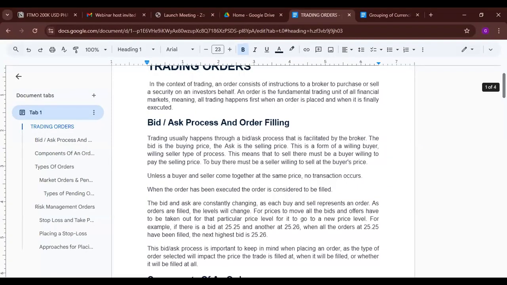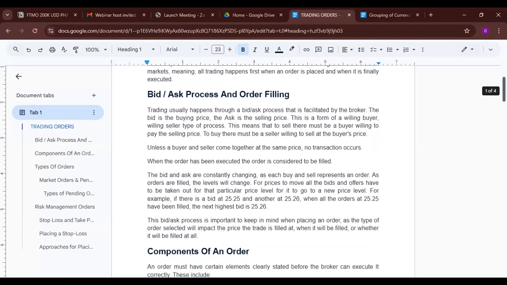An order is the fundamental trading unit of all financial markets, meaning all trading happens when an order is placed and finally executed. You cannot say that you're trading if you do not have an order that is either active or pending in the markets.